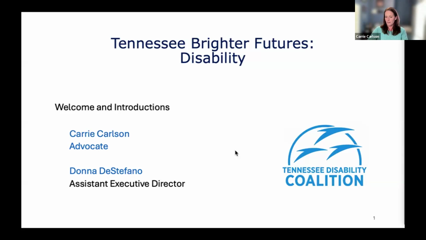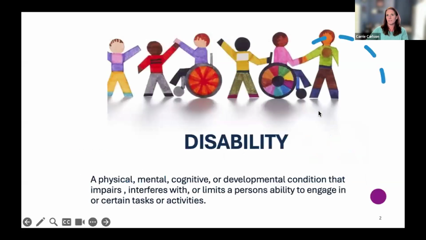But I will go to the next slide here. Okay, so disability. On the top of the screen, there is an image description: little cutouts of different people that represent different disabilities. Some of them are holding hands or high-fiving. Some of them are in wheelchairs, representing various disabilities, cultures, and backgrounds.